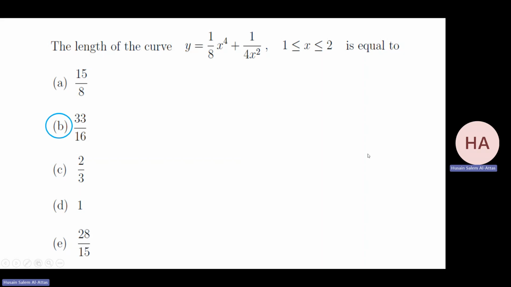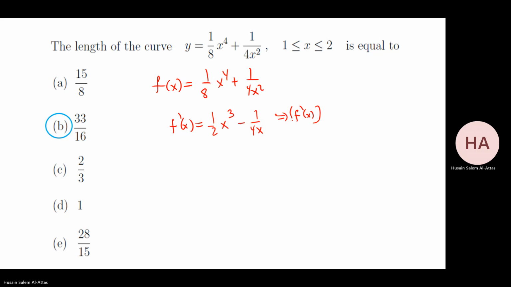f of x is this. What is f prime? It will be half x cubed. And this is minus 1 over 4x. What is f prime square? That will be 1 over 4 x to the power 6.